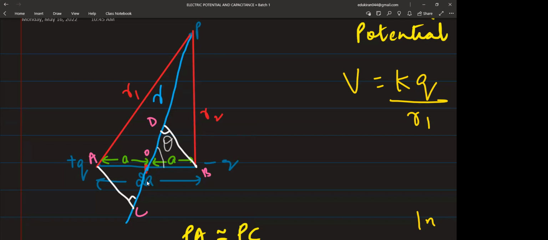And from the center of the dipole to the point of calculation, we always take R. Now two perpendiculars we have dropped, this one and BD here. This is theta, here also we have theta.